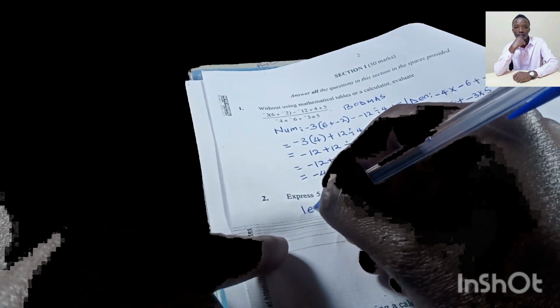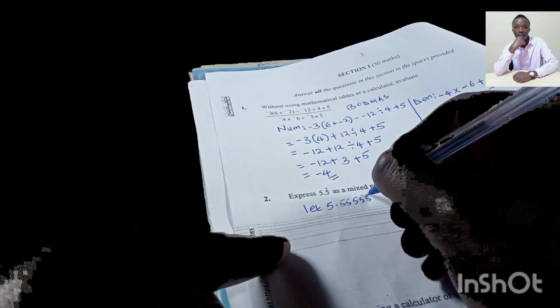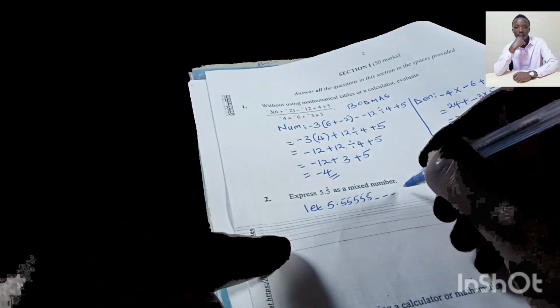Let 5.55555, remember it's recurring, be letter n.